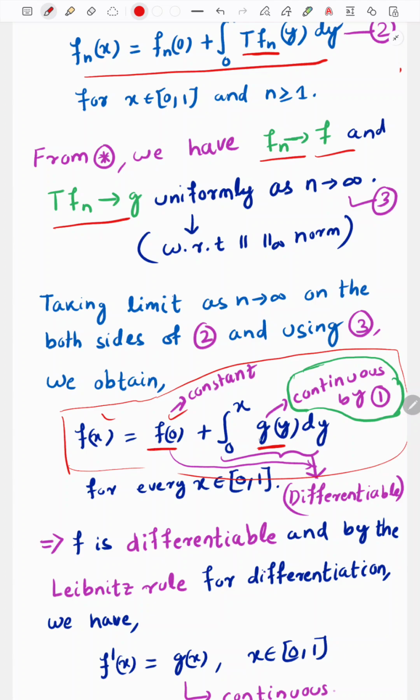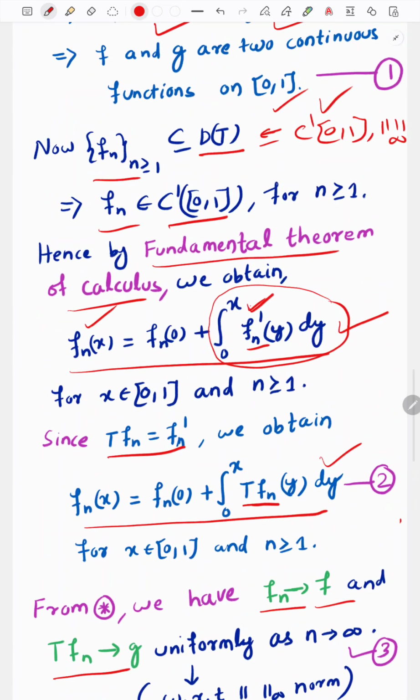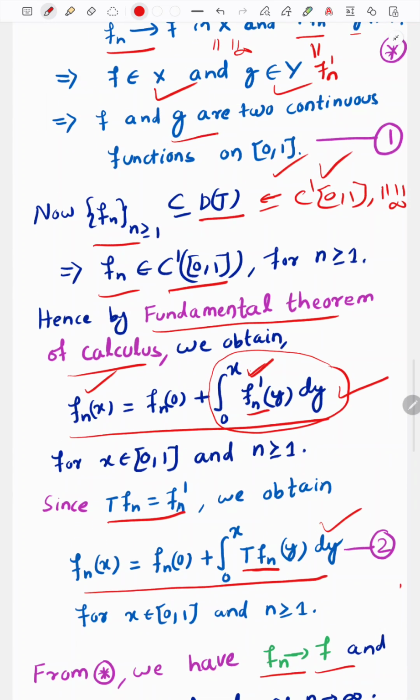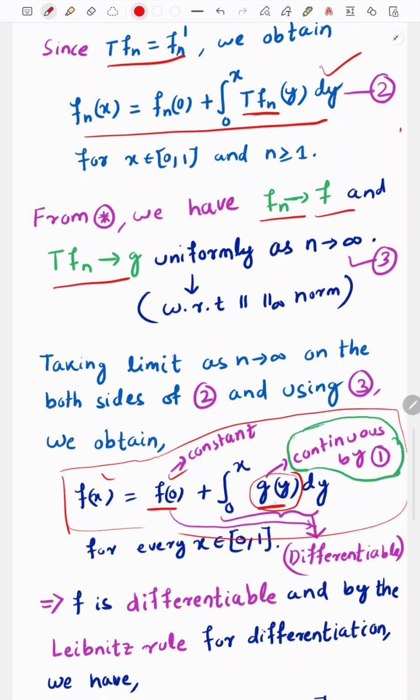and in this expression the integrand g(y), because we have already shown in part 1 that g is a continuous function. So g is continuous, and we are taking the integration, and we know that the integration of a continuous function is always differentiable.